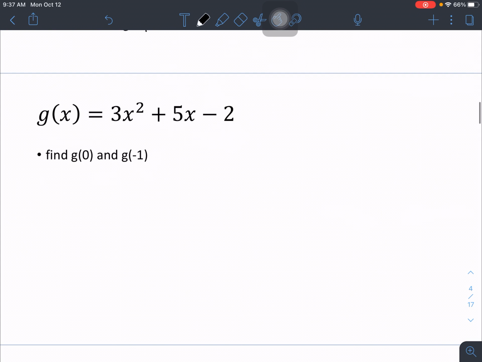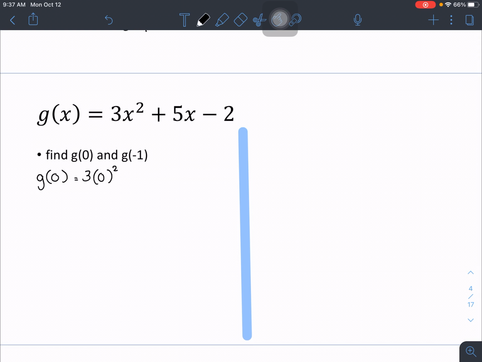Next one. Let us find the value of the function given that g of x is equal to 3x squared plus 5x minus 2. Find the value of the function if x is equal to 0, and the other one is x is equal to negative 1. So let's try to solve for two different values. First, g of 0 is equal to 3, replace all the x's with 0. So we have 2 x's.